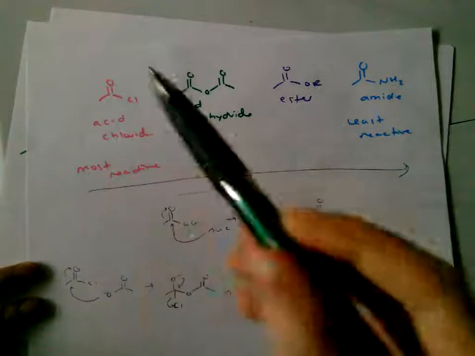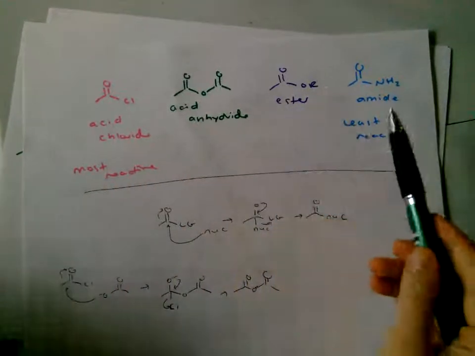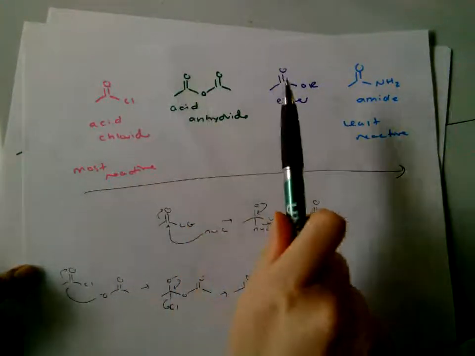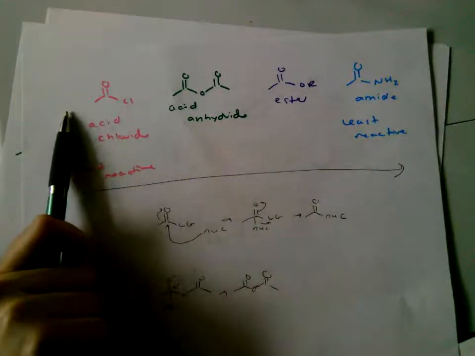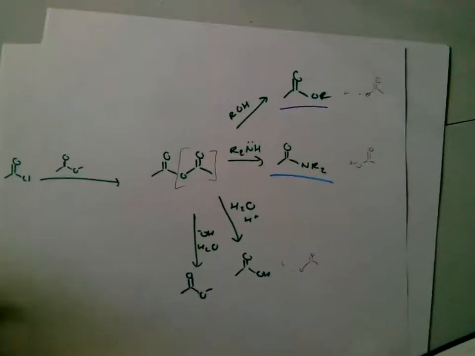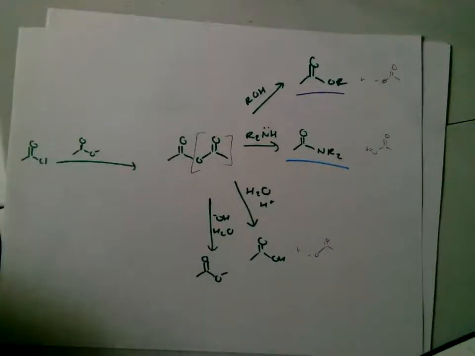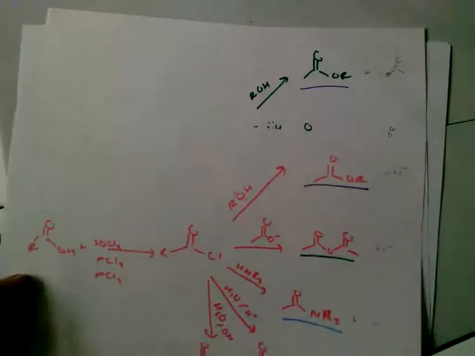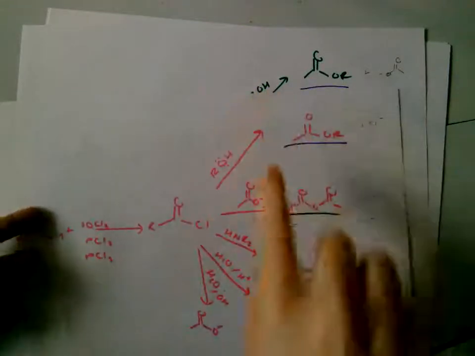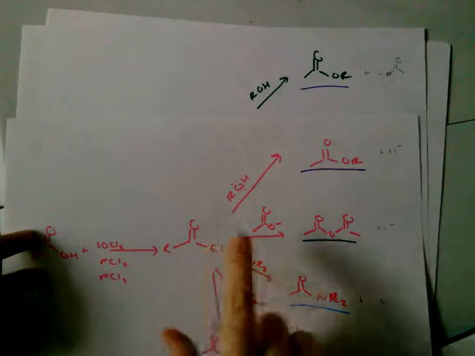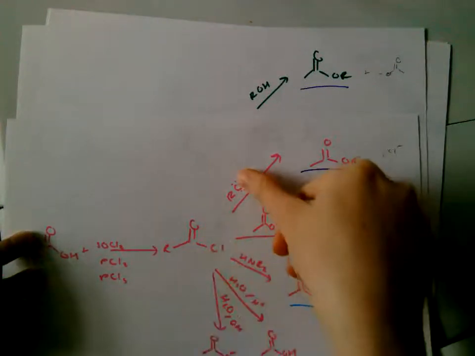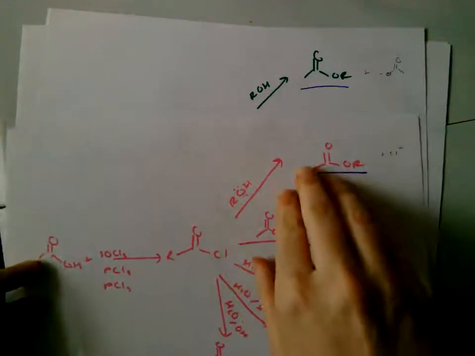We turned an acid chloride into acid anhydride, ester, and amide, and we turned an acid anhydride into an ester and an amide, but we cannot turn an acid anhydride back to an acid chloride. So the next thing we'll do is we're going to use the same reagents to do the same thing. I really want to draw your attention to that here as well. We've used alcohol to turn both of these leaving groups. We basically swapped out the Cl for the OR, and then it got deprotonated.